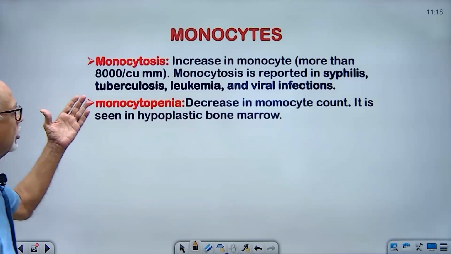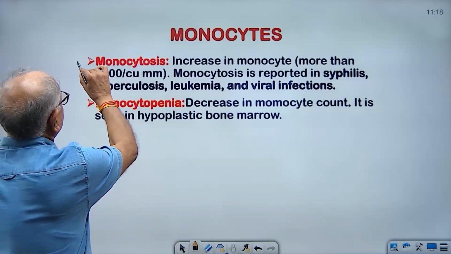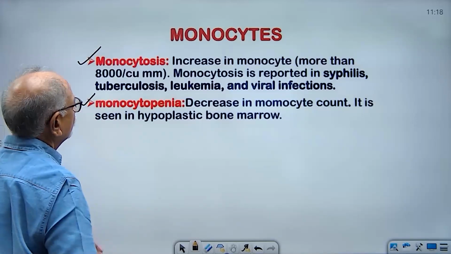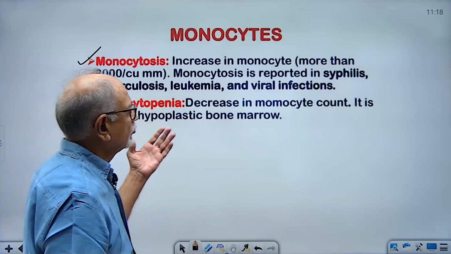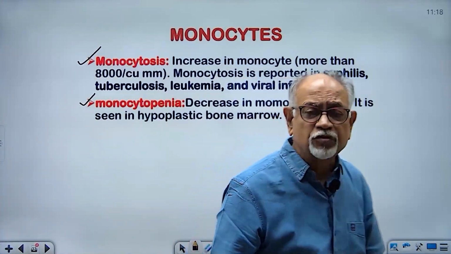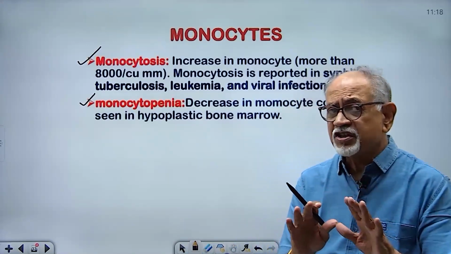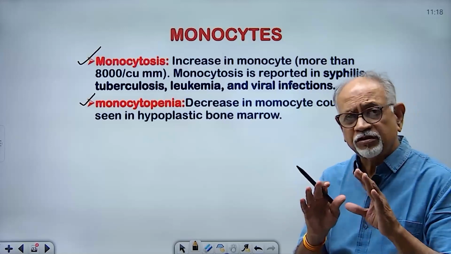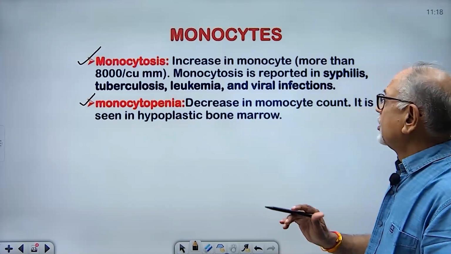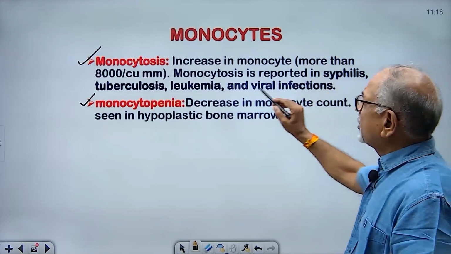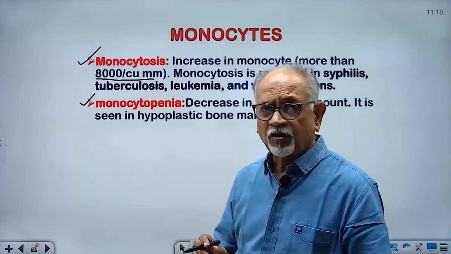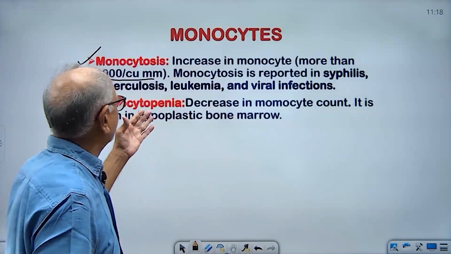Now again, the term monocytosis and monocytopenia. Monocytosis is a term which is used for increased number of monocytes in blood as compared to the normal number. Now, if the number increases more than 8,000, it is called monocytosis.